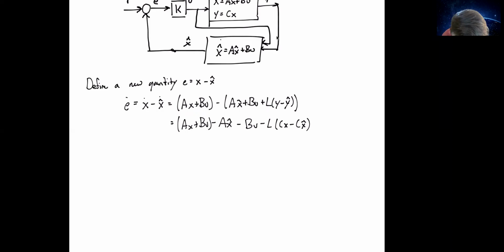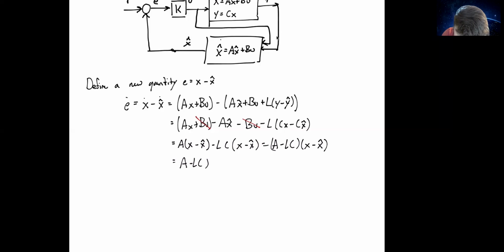This cancels out with this, and then we get the following: A times (x - x̂) - LC(x - x̂), which is equal to (A - LC)(x - x̂), which finally is equal to (A - LC) times e.